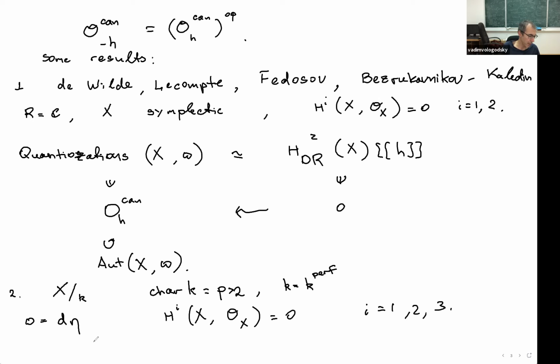And then again, they construct a canonical quantization, and it's canonical in the sense that a certain group, namely the group of automorphisms phi of the symplectic variety X, with the property that phi^*(eta) minus eta is, well, not 0, but I require it to be exact.